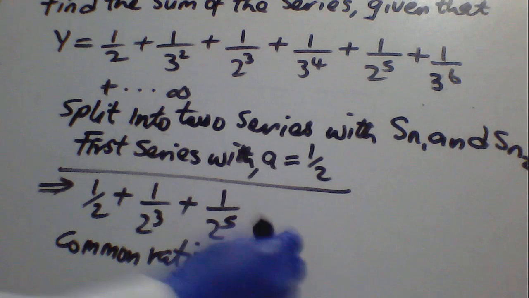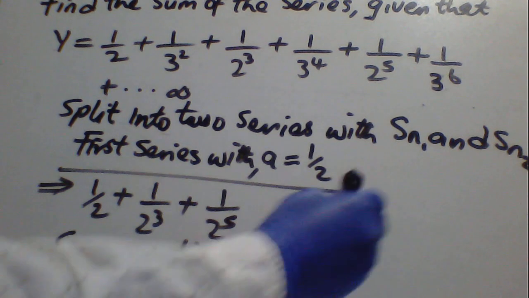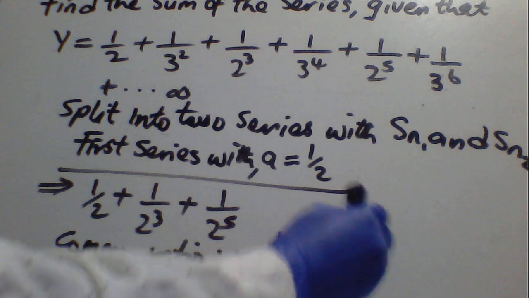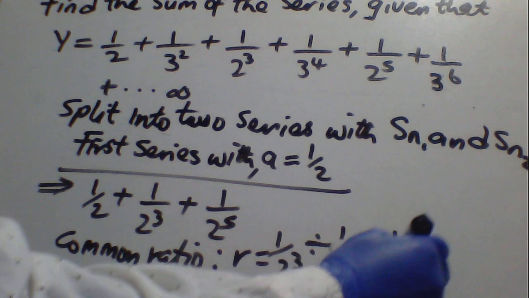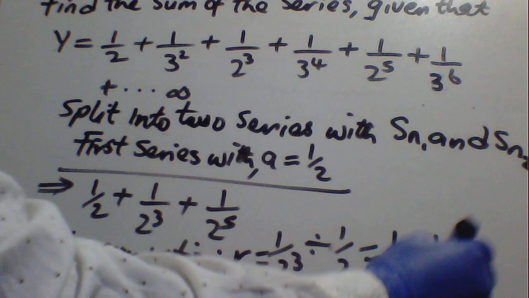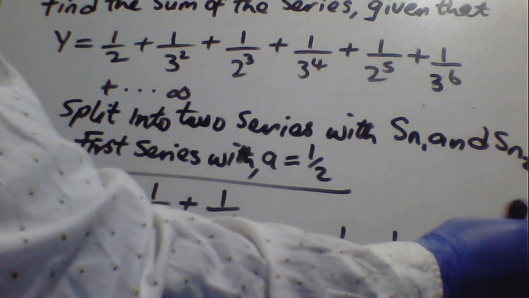I call it R. In this case, you have 1 over 2 raised to power 3 divided by 1 over 2. And this is the same as 1 over 2 raised to power 3 times the reciprocal of 1 over 2, which is 2 over 1.